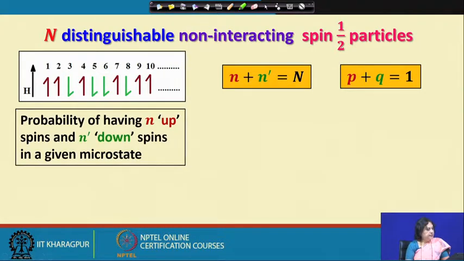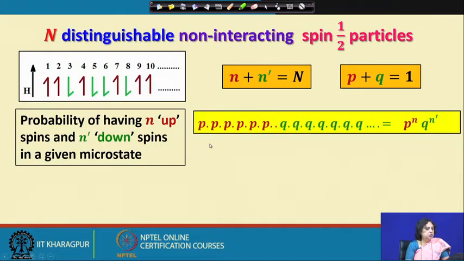Now, I ask the question, what is the probability of having a microscopic state that has small n up spins and small n prime down spins? So, it would be given by a number like this. Let us say that particle 1, particle 5, particle 7, etc., have up spin and the other particles have down spin.